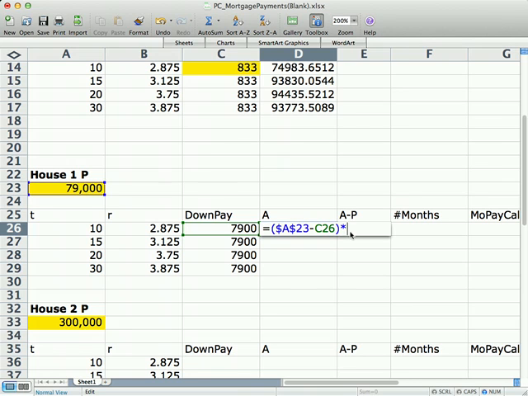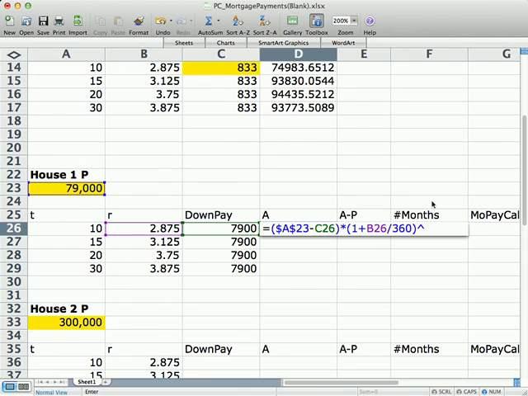Let's see, so I'm going to multiply this by 1 plus R over N. So where am I going to get that? R is your rate, which is 2.875. So that's going to be cell B26 in this case. And I don't want to dollar that because I do want it to shift depending on which row I'm in. And divide by N. N I said earlier was going to be 360, where it's calculating 360 times per year.